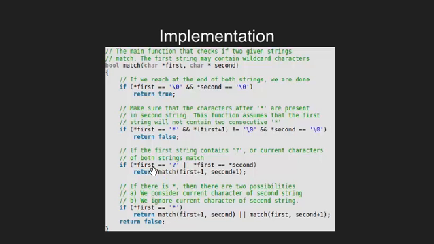Next we check if the current character in the first string is a question mark or the characters of both strings match. In this case, we move ahead. Lastly, we check if the current character of the first string is an asterisk. For this, we recurse by accepting the current character in the second string and moving ahead, or by ignoring the current character of the second string.